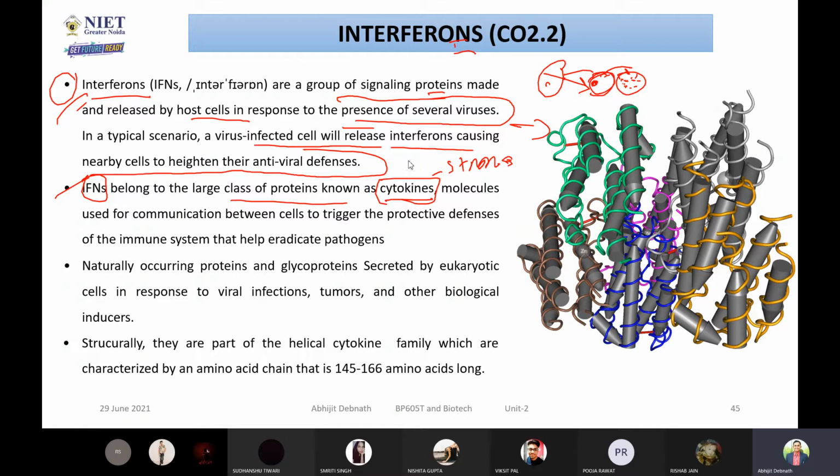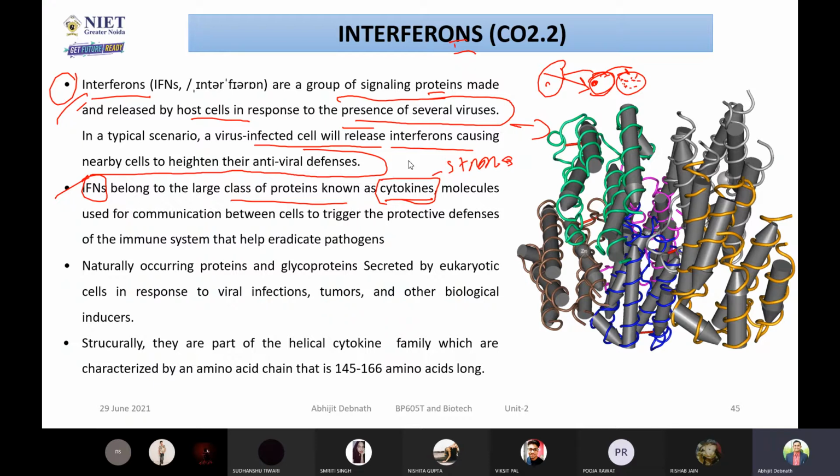When COVID-19 broke out, a lot of research papers were related to cytokines. Basically, when the COVID virus enters your cell, that cell will be infected and it will release some interferon, meaning some cytokine, and that cytokine will increase a lot. Cytokine, simply, is a toxic substance.